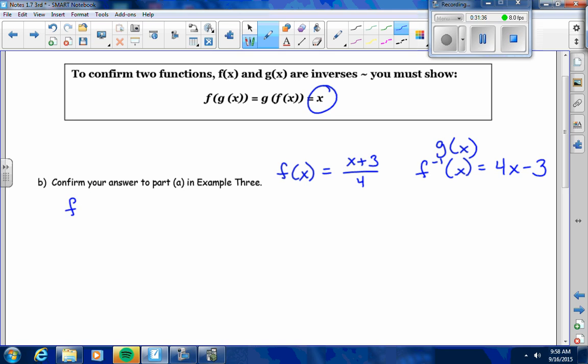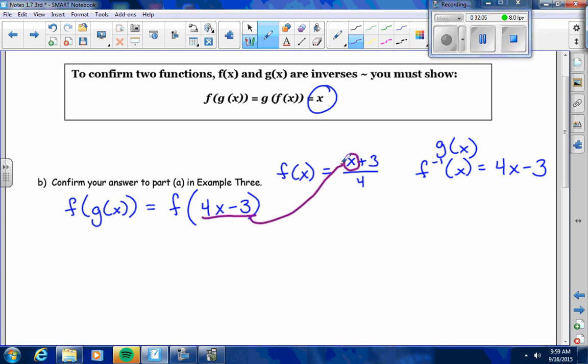Okay, so first I need to do f of g of x, which means I'm doing f of the g of x function, which is 4x minus 3. And that means 4x minus 3 is placed into the f function wherever there's an x.